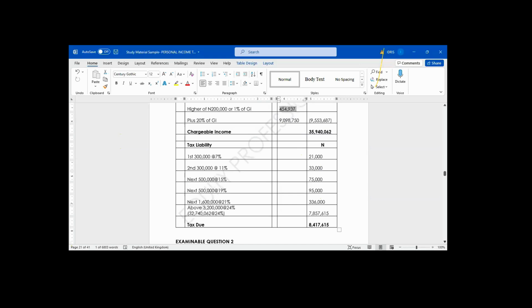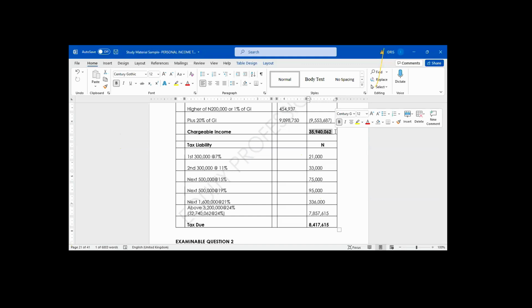Now, above 3.2 million. What we are saying is this 300,000 plus another 300,000 plus 500,000 plus another 500,000 plus 1.6 million. How much is it giving us? 3.2 million. You minus it from the chargeable income.